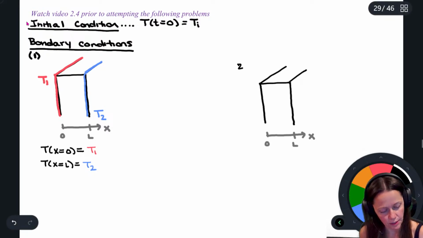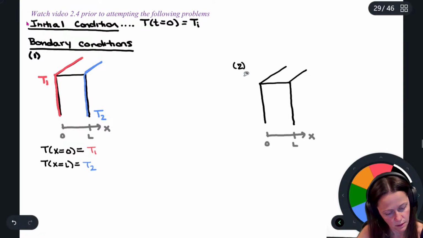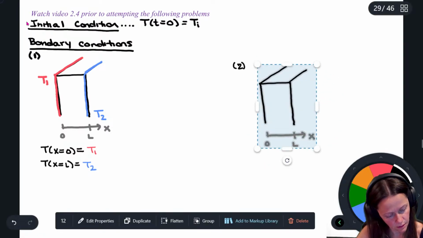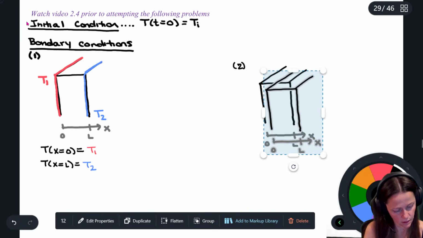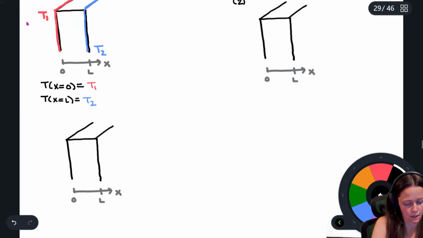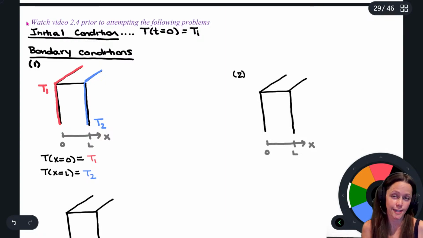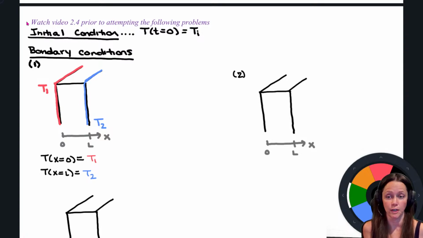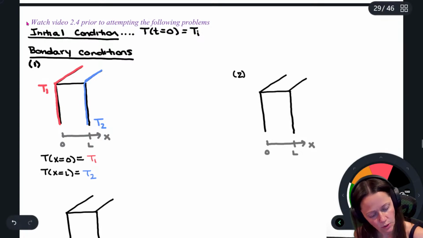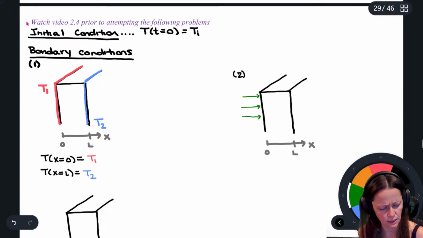Other type of boundary condition that we would have, there we go. I'll copy that one down here before I mess it up too much. All right, so the other boundary condition that I might have is, say I had an applied heat flux to one side. We had a problem like this, I think maybe day 1, where you have some Q applied.